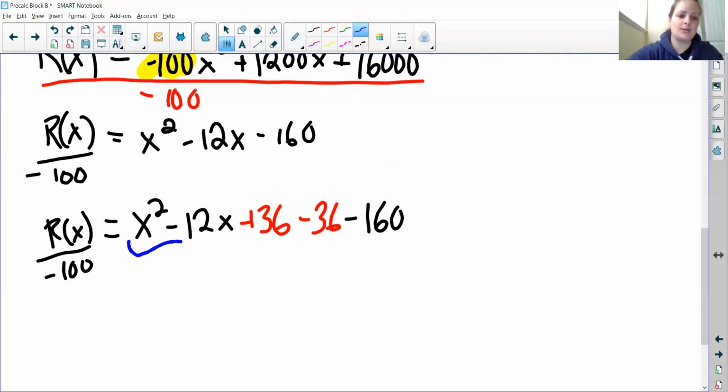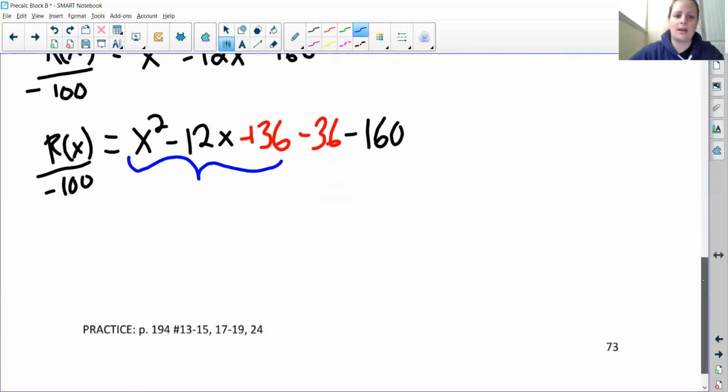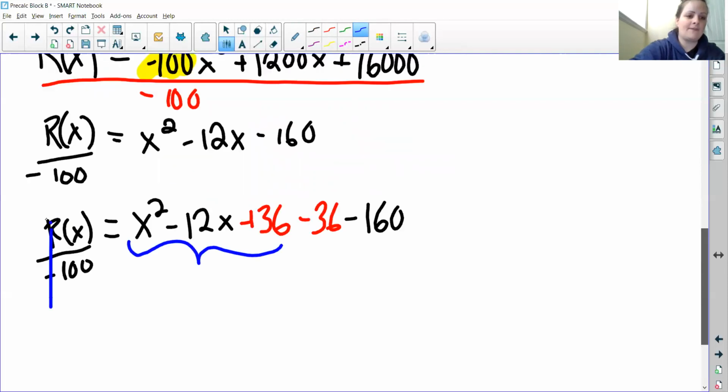I'm now going to write that in the square as a square instead, right? Not forgetting that I have this negative 100 kind of hanging out over there.